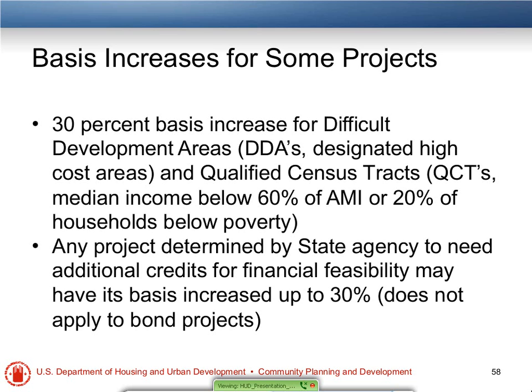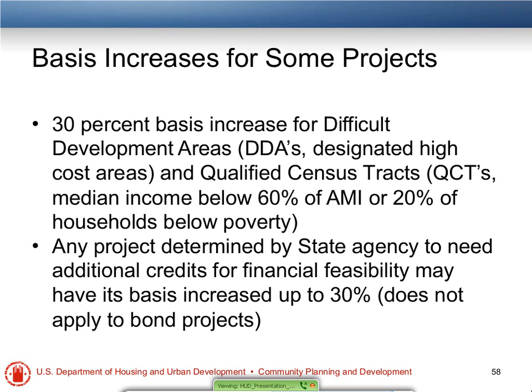In addition, one of the recent economic development stimulus programs provided by the federal government gave state agencies the ability to increase credits to a project up to 30% in order to make it feasible. And so this is at the discretion of the state agency.